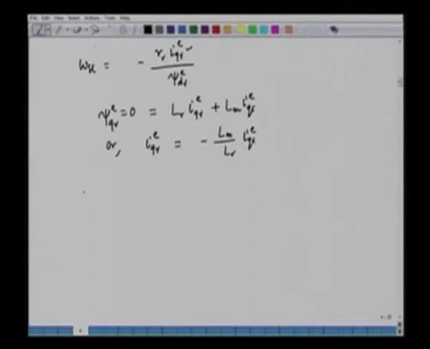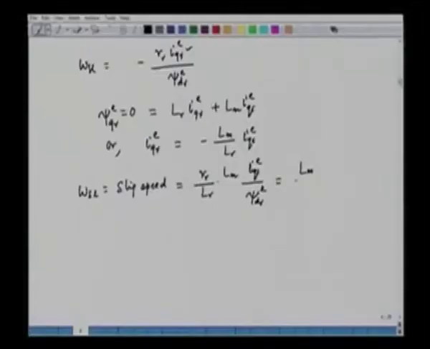So we can rewrite this equation for the slip speed. That's equal to RR by LR into LM IQS by psi dr. RR by LR is called the inverse of the time constant.